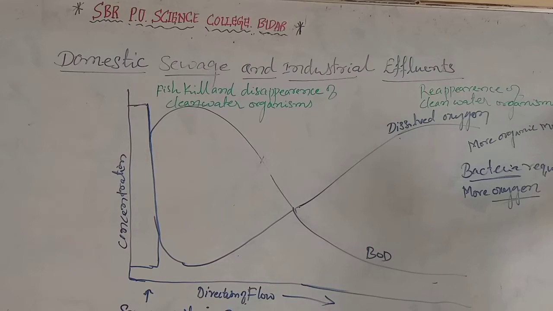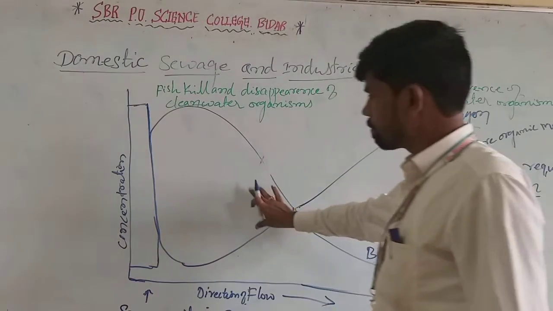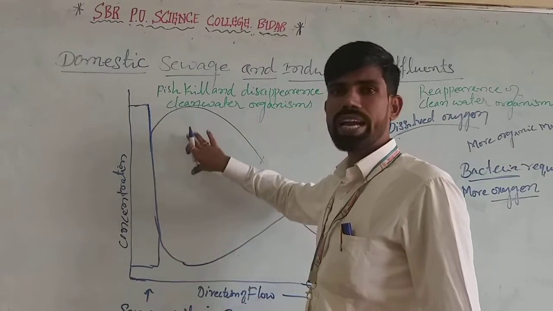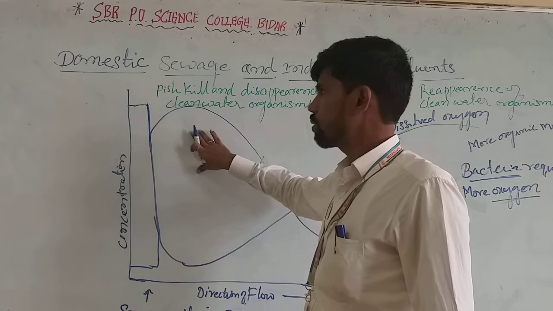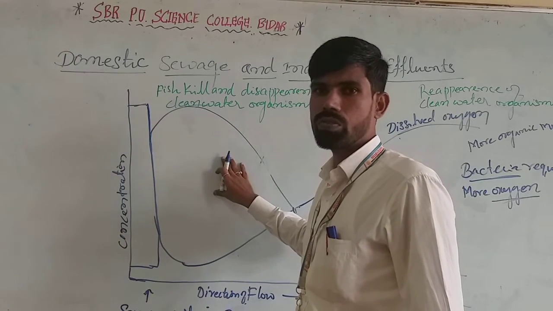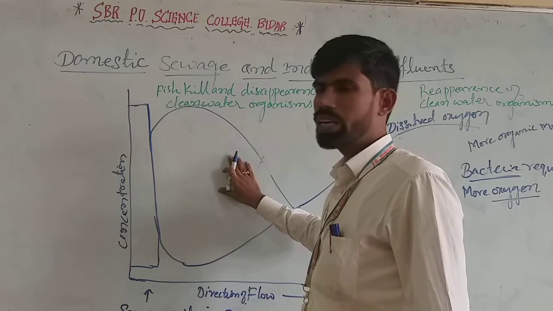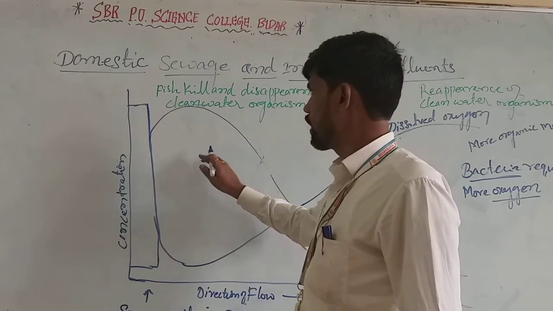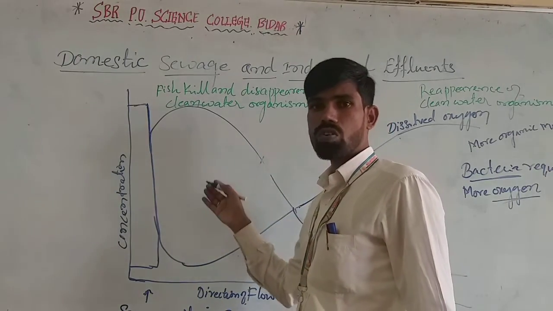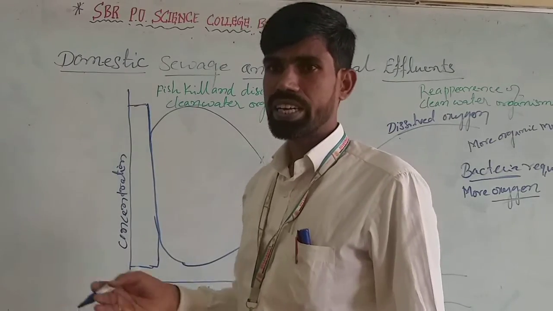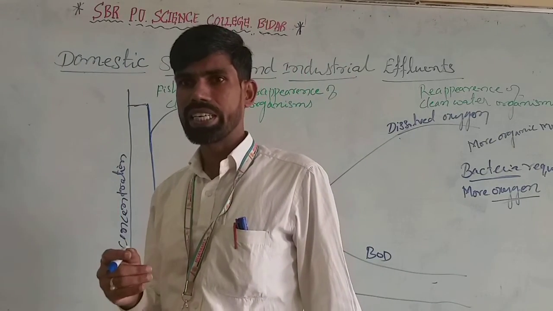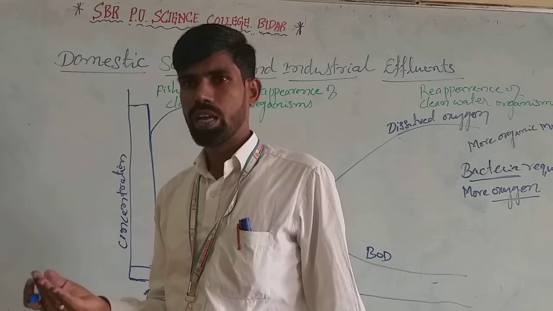Bacteria decompose the organic matter. So when sewage water enters the river, what happens? Whatever fish are present in that area will die. Why? Whatever dissolved oxygen is present in that area is utilized by the bacteria for decomposition.